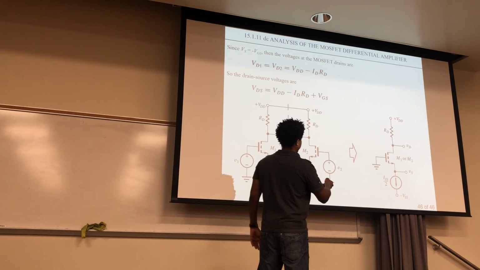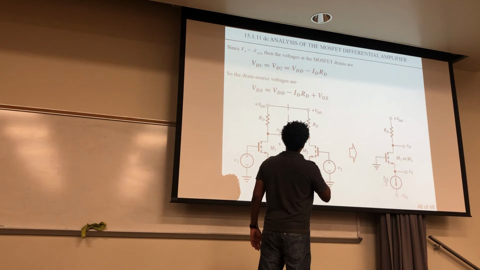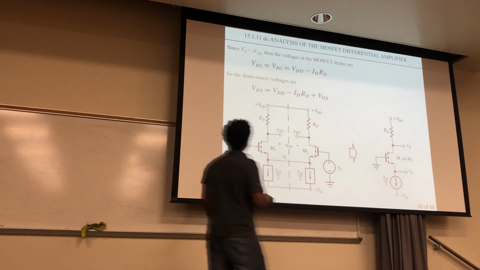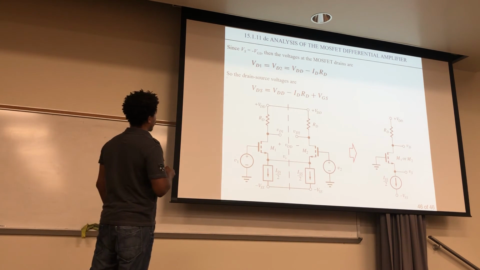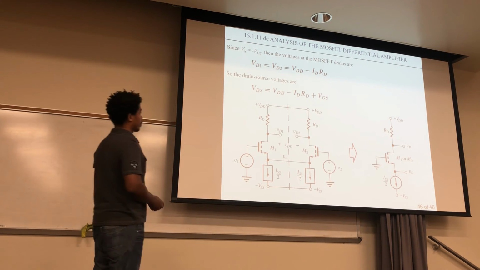So you're starting here, you have this current going through there, and this voltage right here is equal to that voltage minus the voltage drop from here to here. Okay, and so the drain source voltages are this right here. So VDS equals VDD minus ID RD plus your voltage for your source.